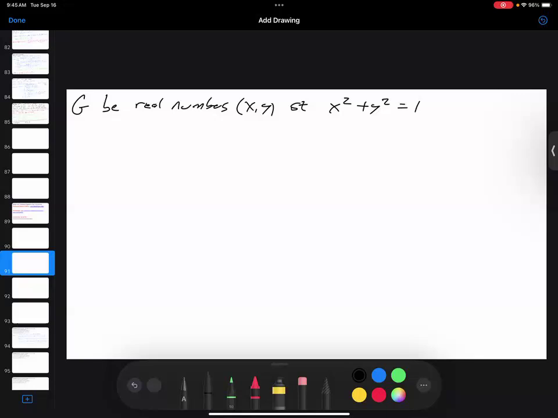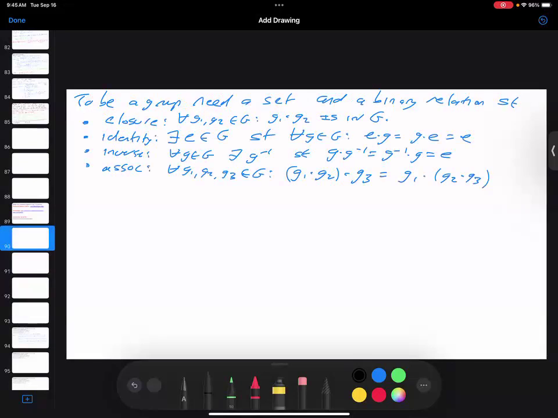If yes, then prove to me that it's a group or not a group. Or if I haven't given you enough information, what information are you missing? So let's go back a slide. What do we need to have if we're going to try to understand if something is a group? A set. Well, I gave you a set. Do we need anything else?